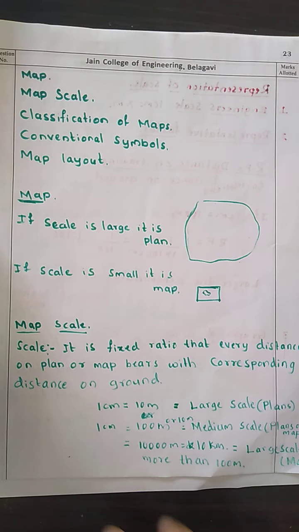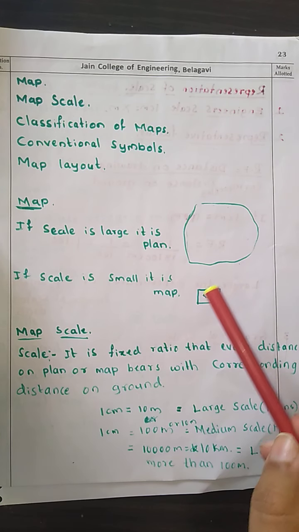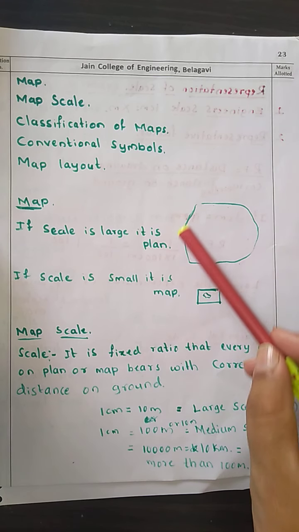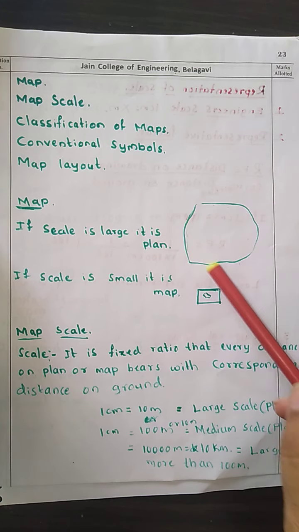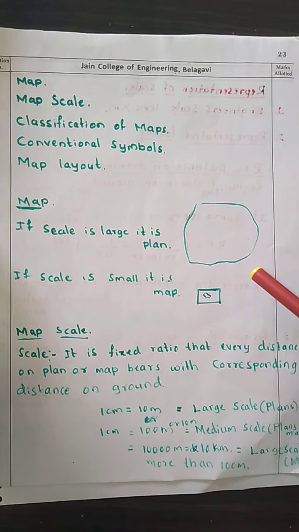So, we will see first in surveying, whatever objects we see on the ground, we are going to prepare on a sheet of paper with a converted scale. As the object is larger, we cannot put the entire object or the entire area as it is on a sheet of paper. So, what we exactly do is convert this area or that zone into a reduced scale.